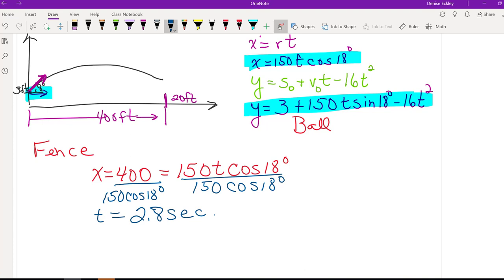So in order to draw the fence, we're going to need another set of parametric equations. The nice thing is that the x direction is easy. That's just going to be 400. The y direction, to get the 20 feet, we know that we want a y of 20 feet, and it's got to happen in the time.